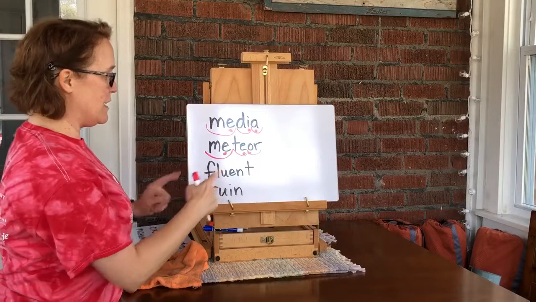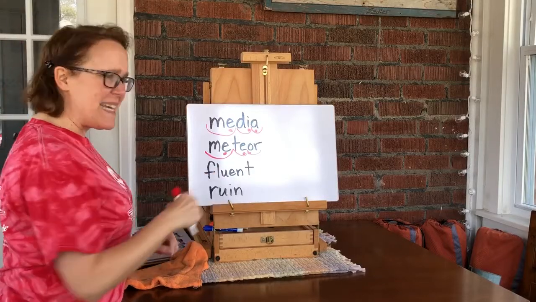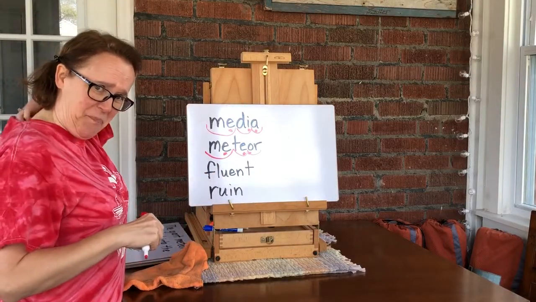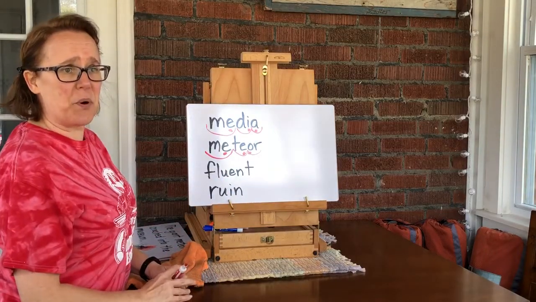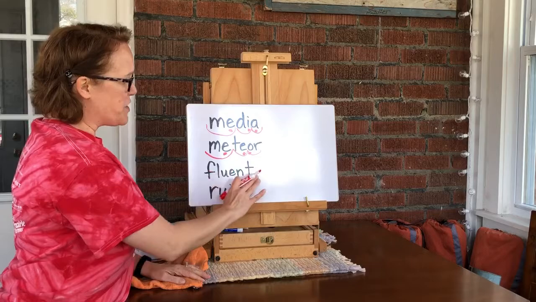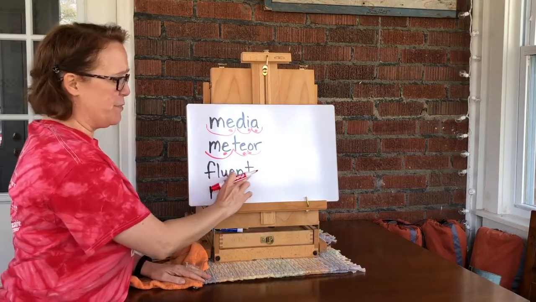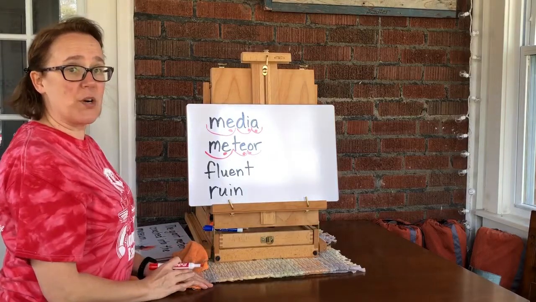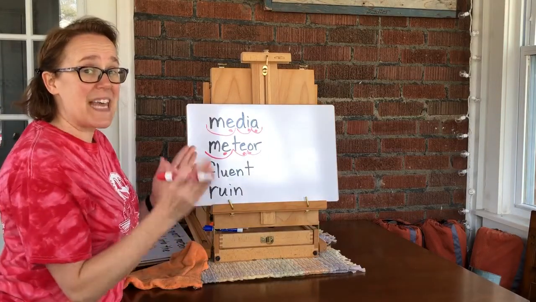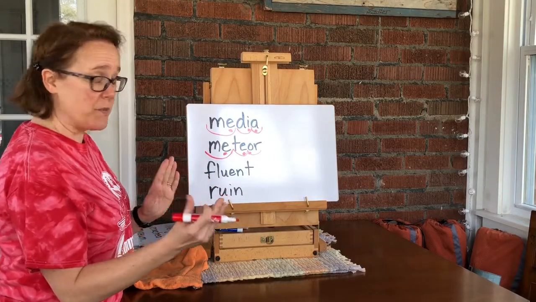Meteor. Let's look at this word. UE is a team. And usually it will say its name, you, or oo. But if I try that in here, fluent, that doesn't make a real word. So let's try separating those 2 vowels.